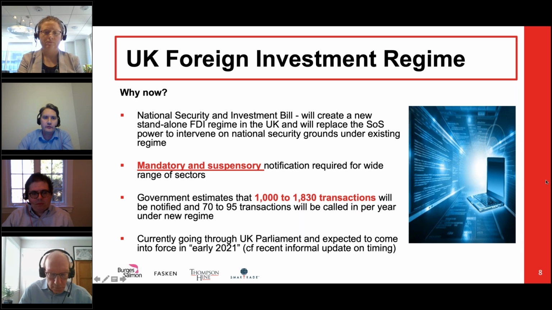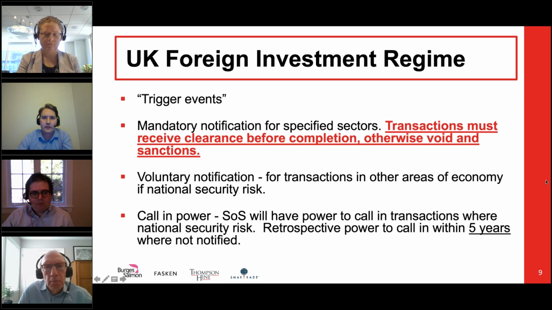So turning on to the next slide. What type of transactions are caught exactly? Well, there are a number of proposed trigger events, which of course are purposely designed as being very wide, and even transactions where a 15% stake is being acquired can be caught.